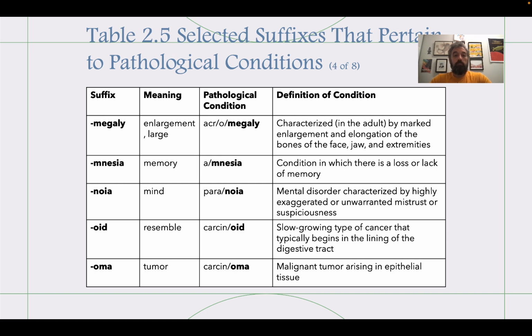And more. -Oma is a tumor. So that's why oftentimes some sort of cancer-based things are going to end with an -oma.